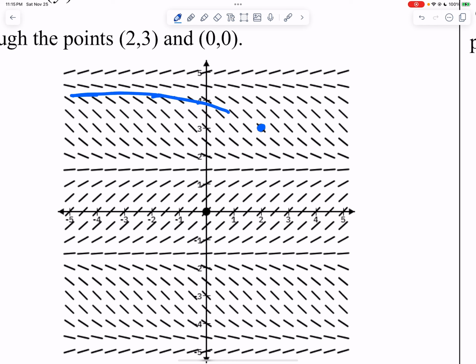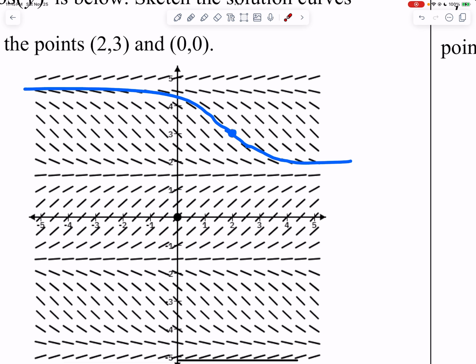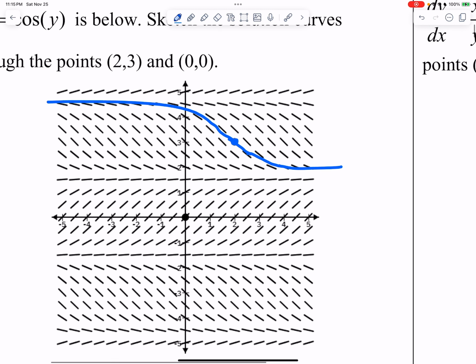So it's going to look something like that probably. What you do want to do whenever we are drawing these curves is that we want to make sure that it's all the way to the edge and it doesn't cross through my asymptotes right here. And we're also not going to include arrows, so just something like this is perfect right here.